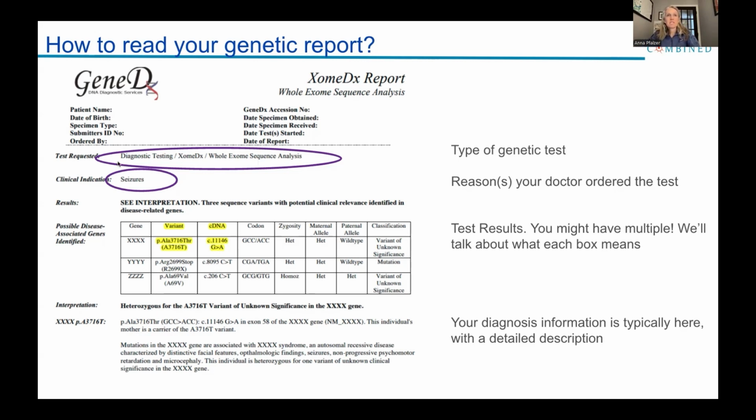That type of information is usually collected here. So if someone asks you what type of genetic testing, that is where this information is usually written.